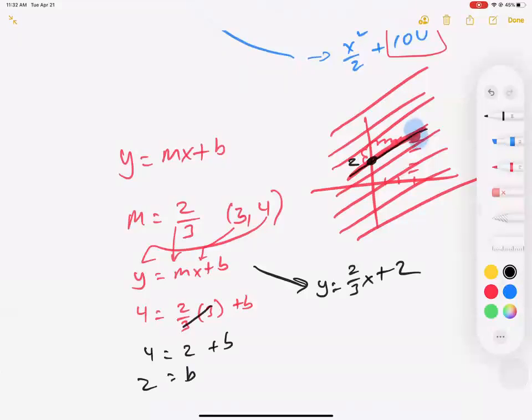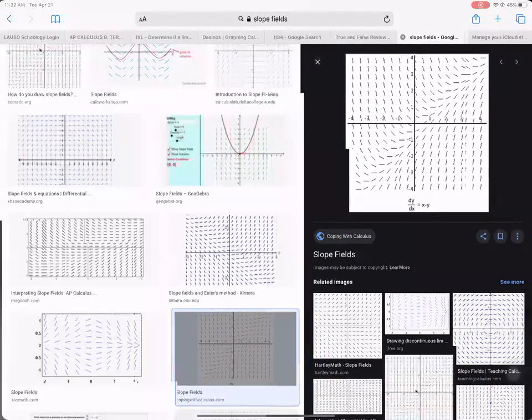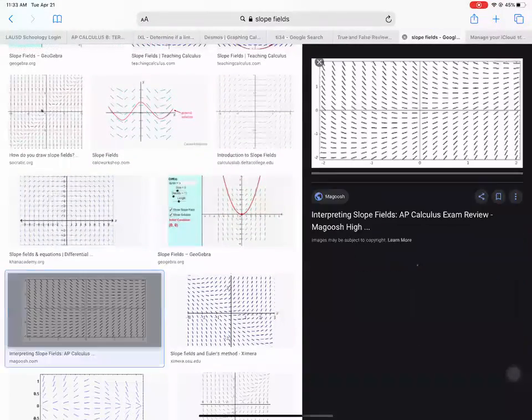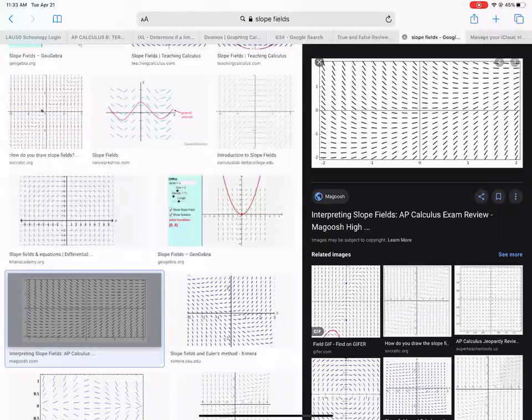Hey, that's my line. But if I pick a different point, if I pick the point up here, this equation will be totally different. If I pick a point down here, this equation will be totally different, though we still have the same slope. And what happens with slope fields, they give you all the possibilities. These are all the possibilities about what the slope could be. But what is the original graph?